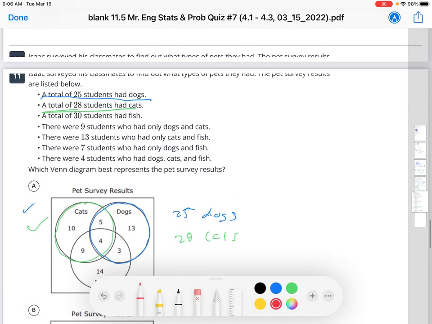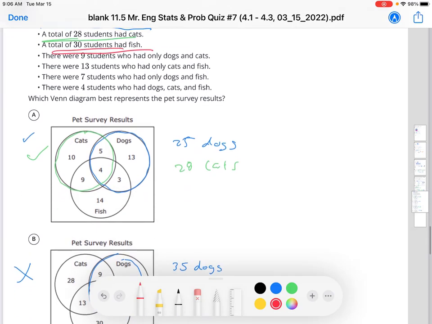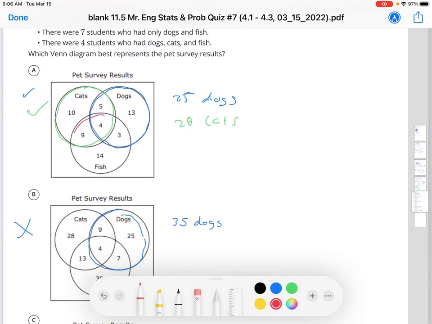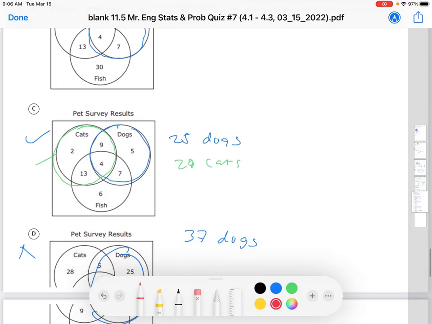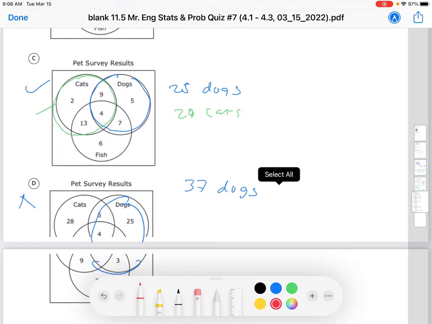All right. 30 fish. 7, 16, 30 fish. Okay. Down here. 17, 23, 30 fish.